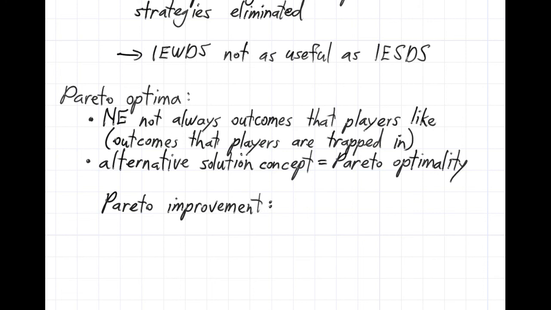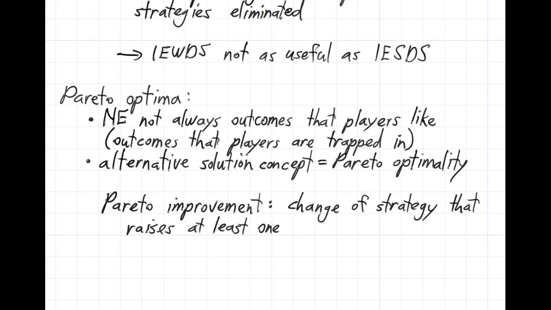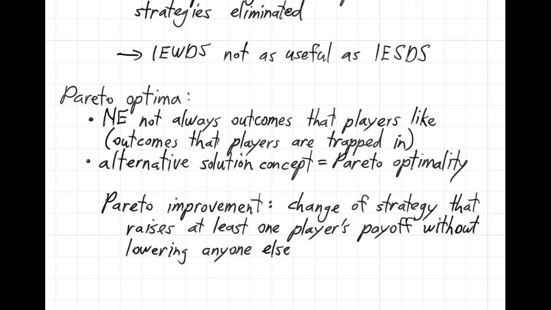A Pareto improvement is a change of strategy that raises at least one player's payoff without lowering anyone else's. So the idea there is that none of the players would object to making a Pareto improvement, to change from this outcome to another outcome where everybody is at least as good and somebody is doing better.